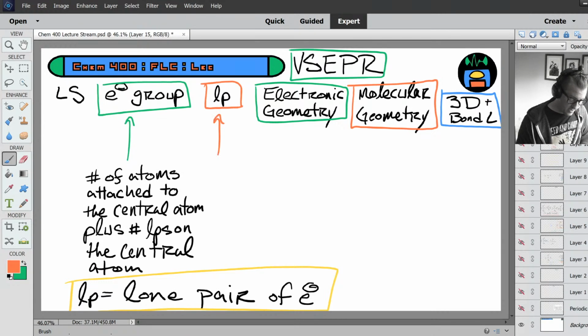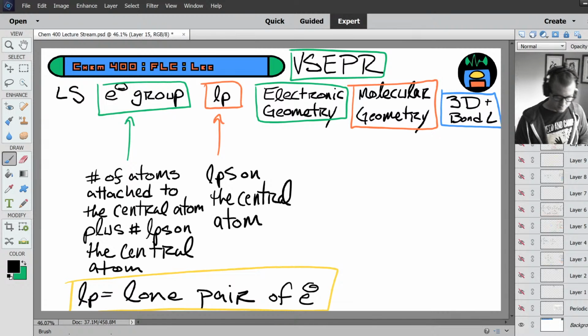Here for LP, we're talking about the lone pairs on the central atom. All right.